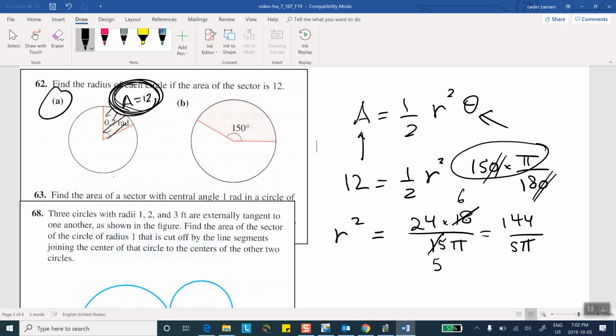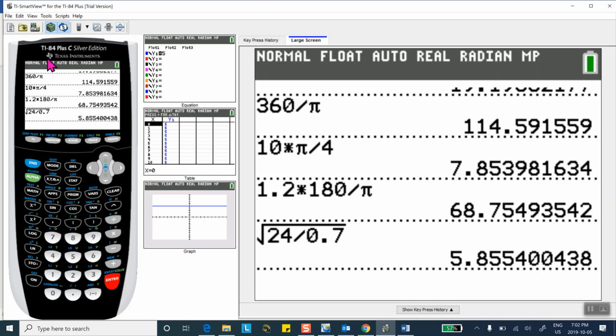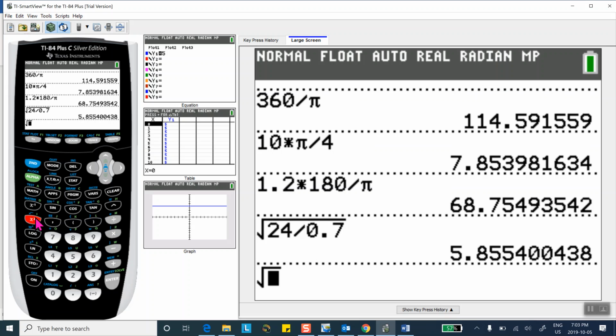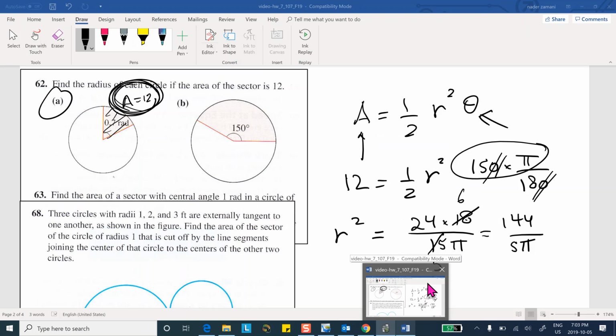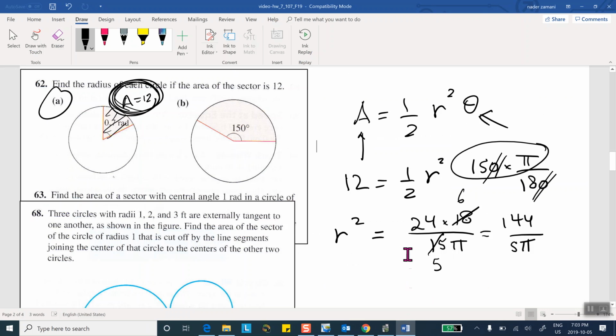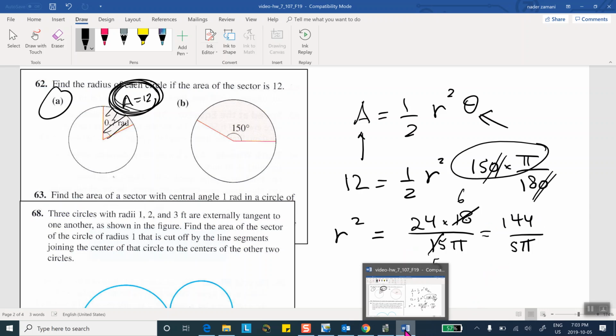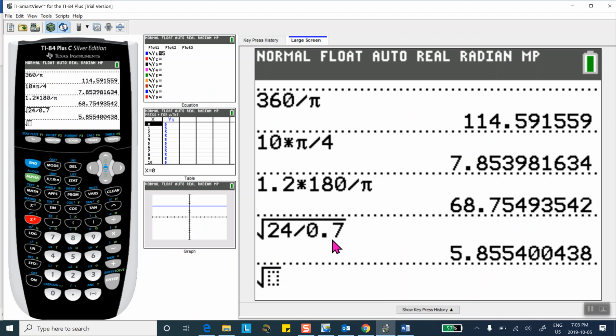Square root, where is that square root? Right there. It was 144 divided by 5 pi. Okay, 144 divided by 5 times pi.